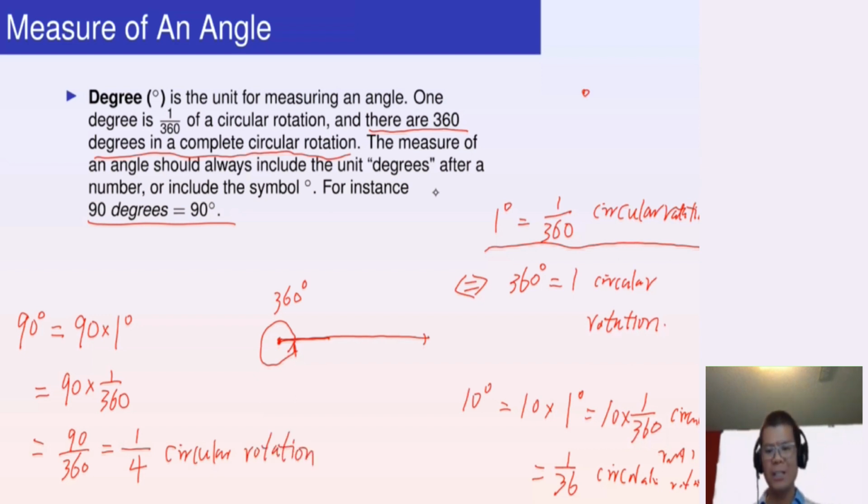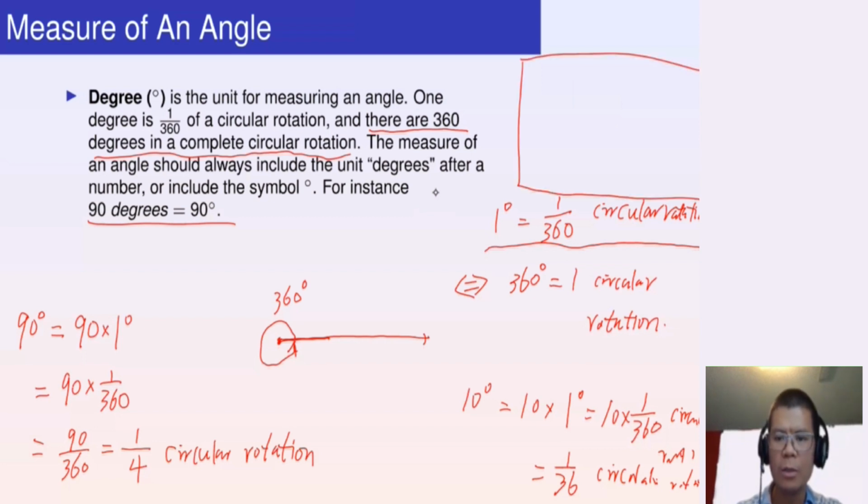Now, what is 1/4 of a circular rotation? Let me draw it here. The full circle is 360, so 1/4 of it is here, just one part of it, right?